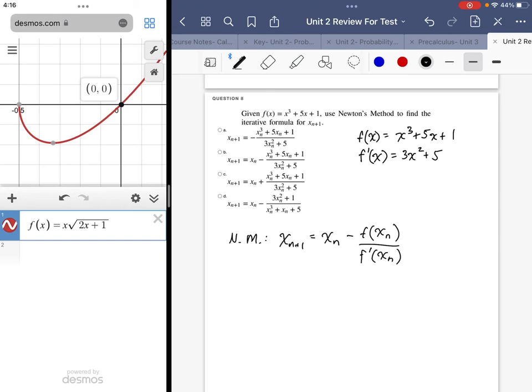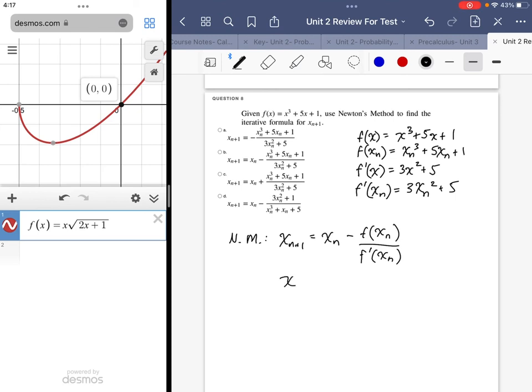So f of x sub n is really just taking all of my entries in f of x and replacing my variables with an x sub n. So x sub n cubed plus 5x sub n plus 1. f prime of x sub n is equal to 3 x sub n squared plus 5, and then we just build a function out of that.